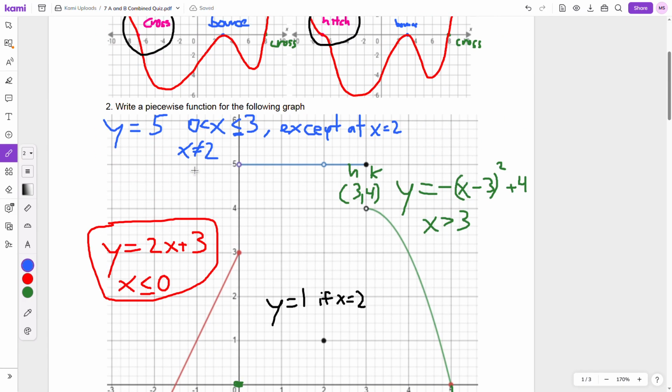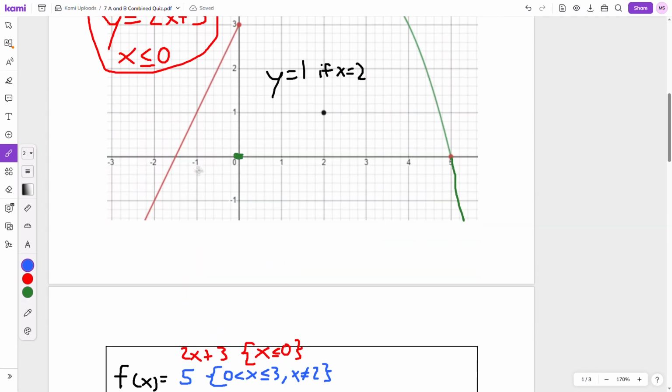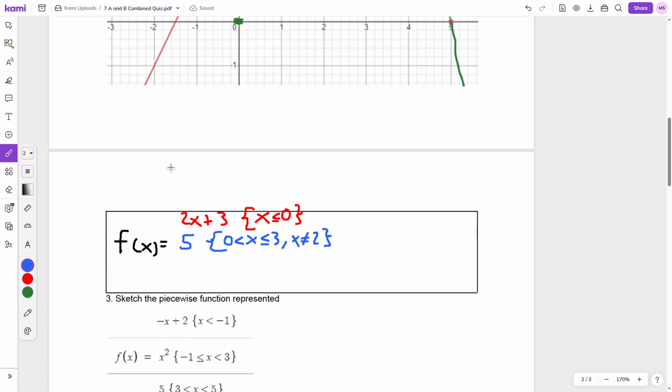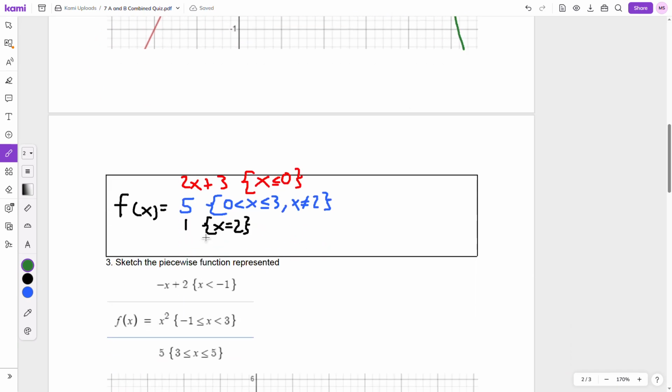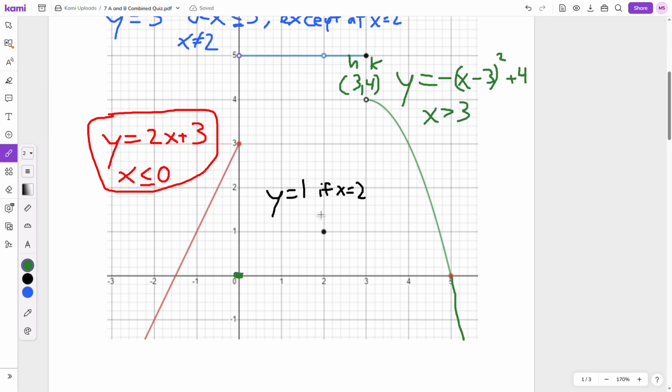Next is the dot, which is just y equals 1 at 2. And finally, the green part, which is y equals negative x minus 3 squared plus 4. And the domain was where x is greater than 3.